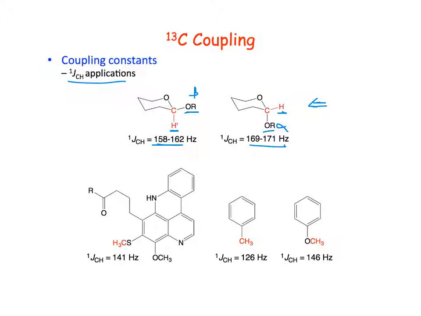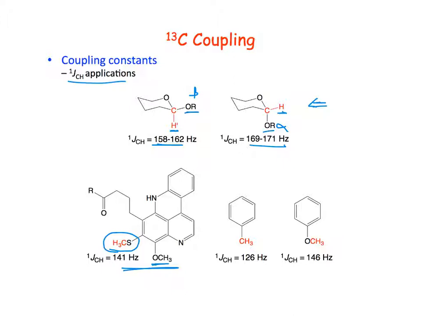Another example, when I was a postdoc down at University of Utah, this compound was isolated from a marine invertebrate. The structure was determined to have this thiomethyl group, but it wasn't really clear during the structure determination whether that methyl group was directly attached to the aromatic ring or a methoxy group.